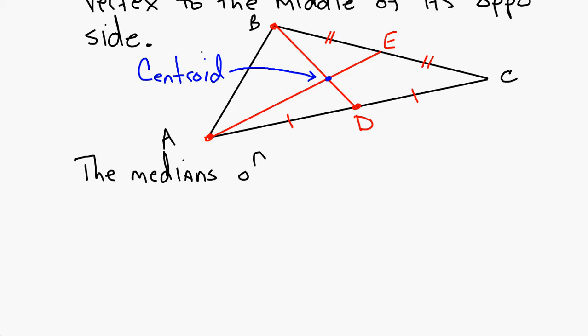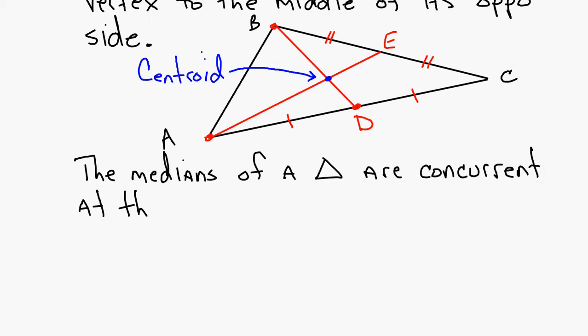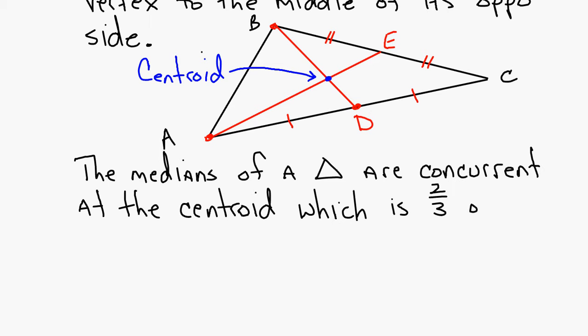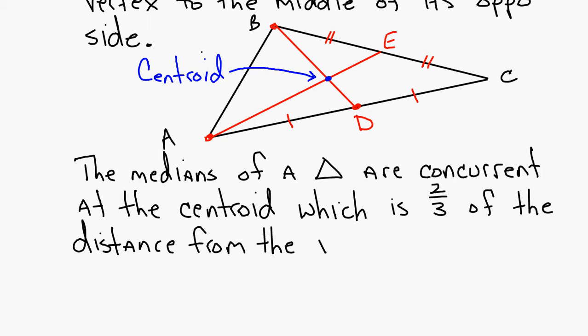The medians of a triangle are concurrent at the centroid, which is 2/3 of the distance from the vertex to the opposite side.